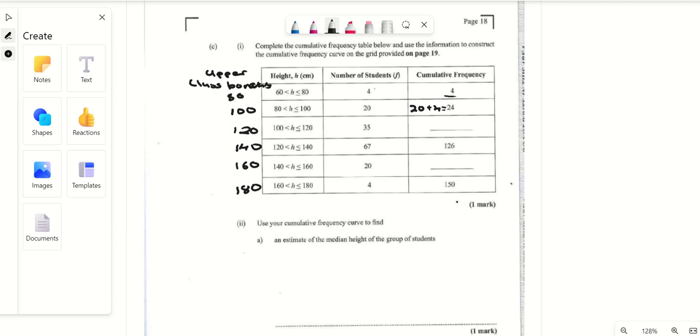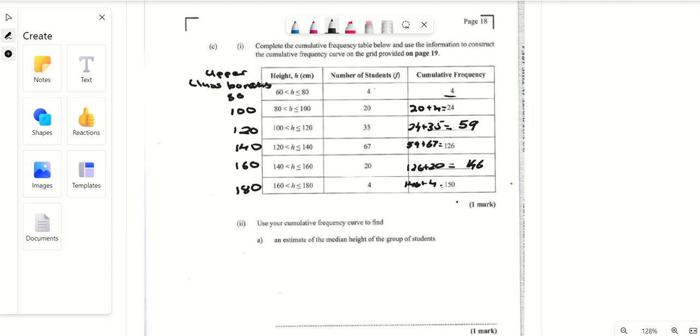Then this one would have been 24 plus my number of students, which is 35, is equal to 59. So 59 plus 67 is equal to 126. Then 126 plus 20 is equal to 146. And then 146 plus 4 is equal to 150, right?